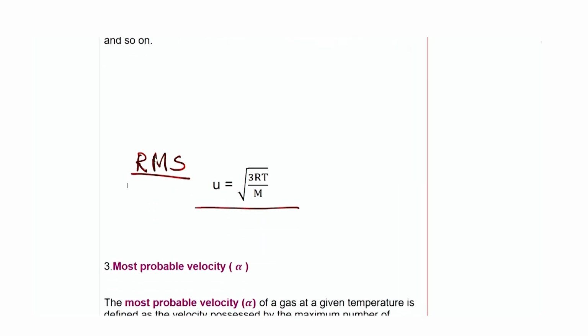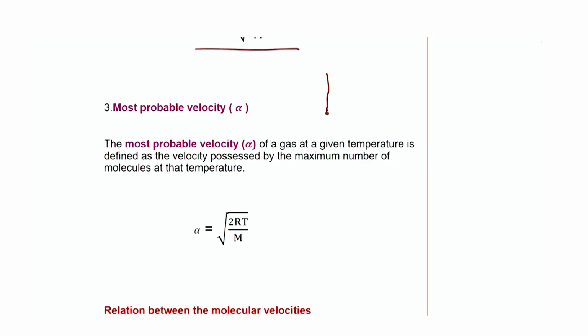Next type of velocity is the most probable velocity. If you recall, in the Maxwell-Boltzmann distribution plots, here we have the probability, and here we have the velocities, and you have a graph.